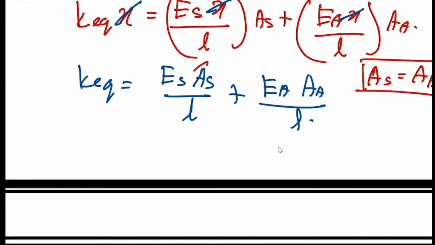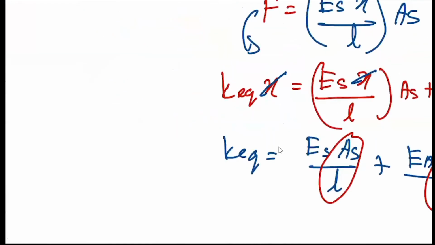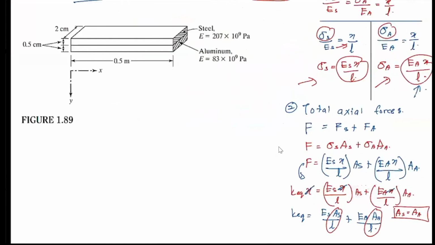So since the cross-sectional area and the length are the same, we can factorize them out to be A over L, just A. You don't have to define it as A for steel or A for aluminium.